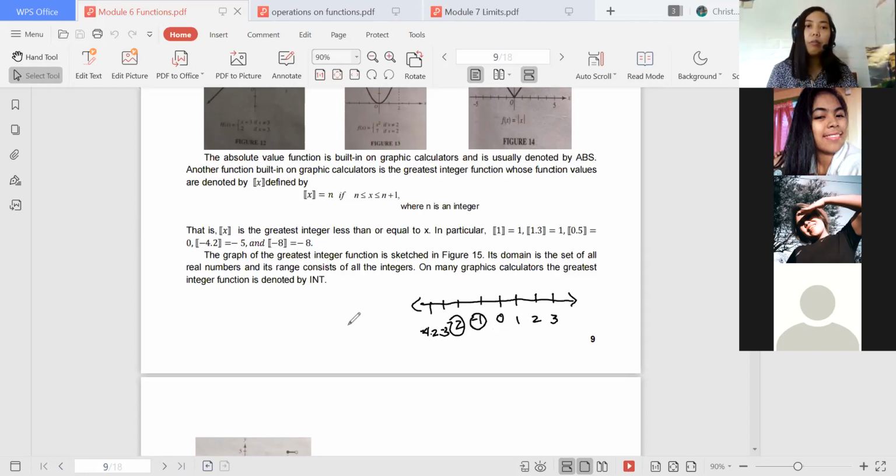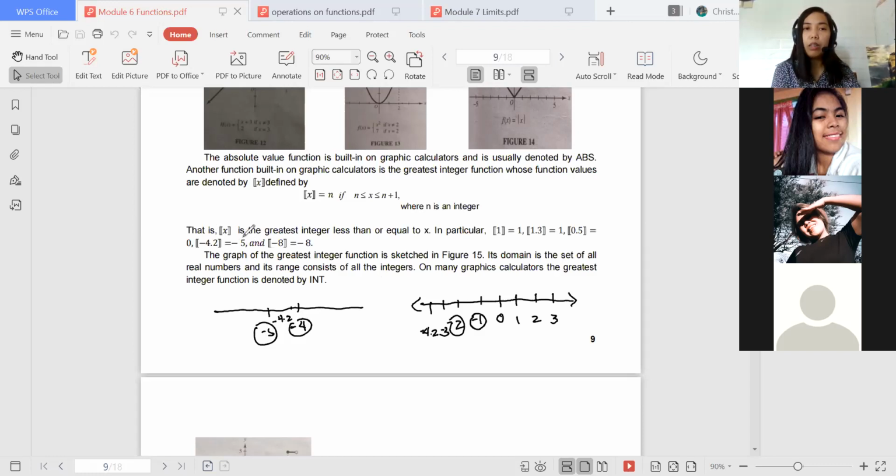Negative 4.2, class, halimbawa, nandito siya. And we have here negative 5. Mas malaki si negative 4 kesa kay negative 5.